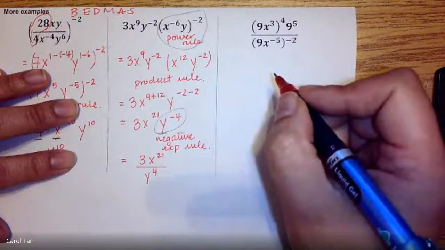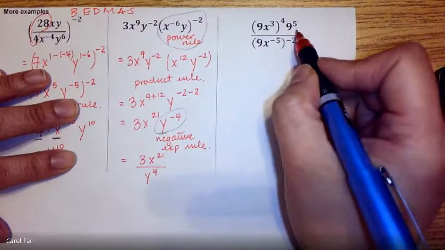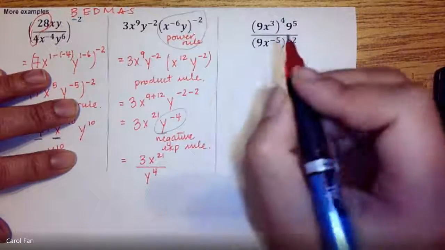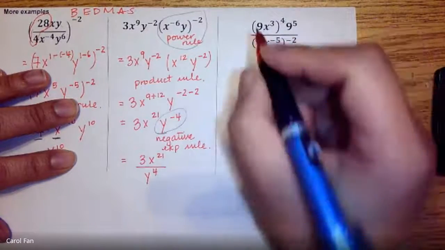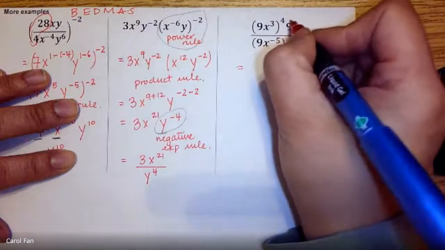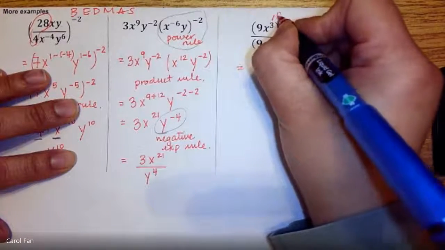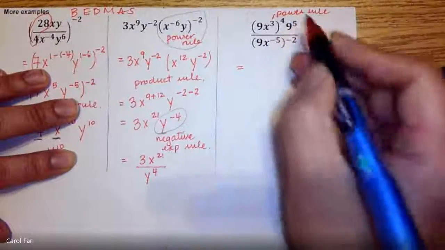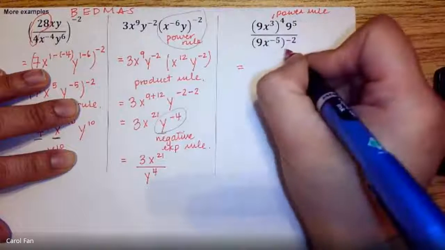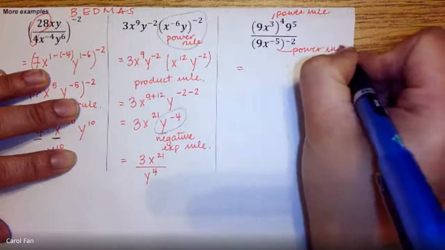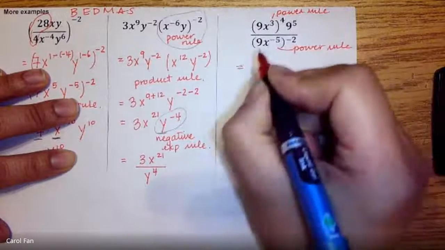Now, once again, we need to simplify the numerator and the denominator before we're able to combine them together. So in our numerator, we're going to apply the power rule to this first bracket. And in the bottom, we're also going to apply the power rule for our second bracket.